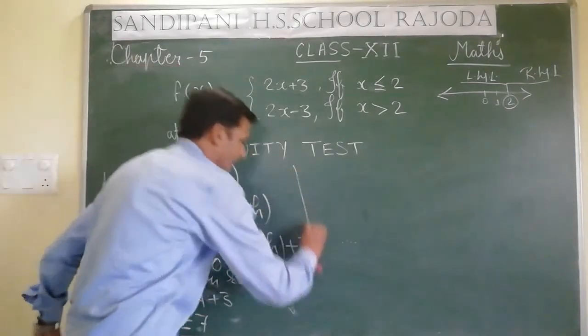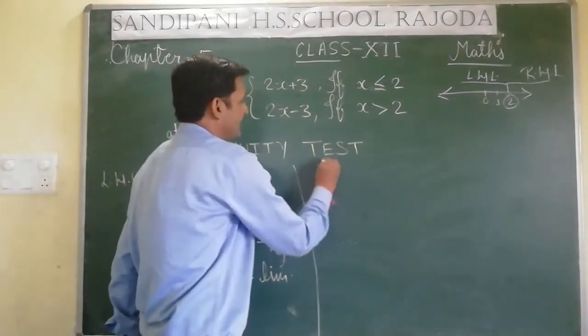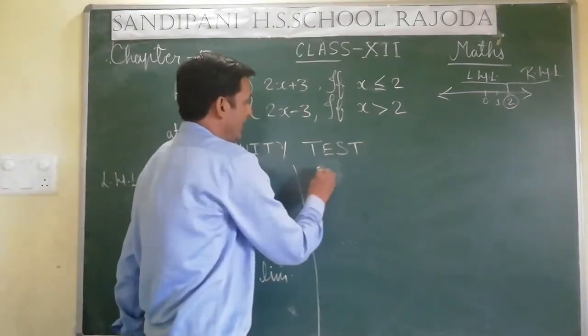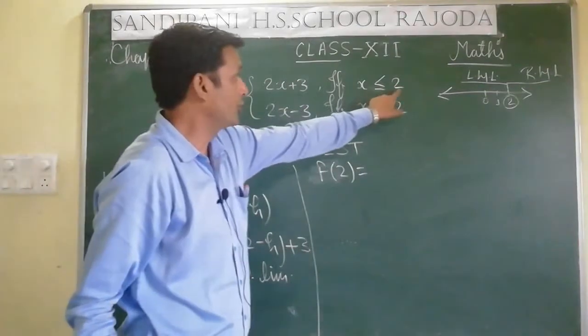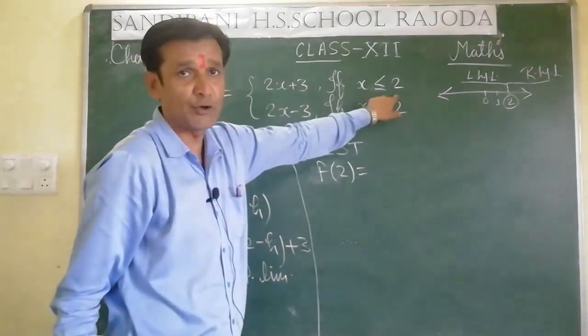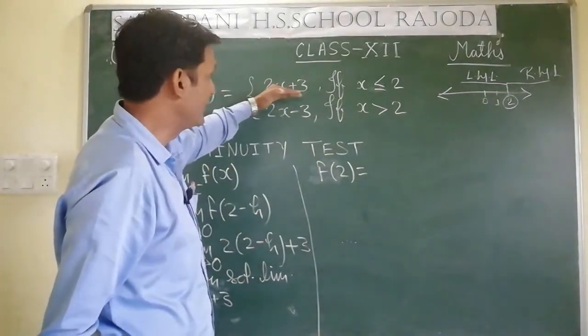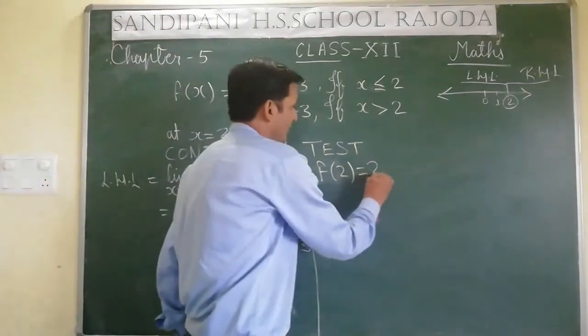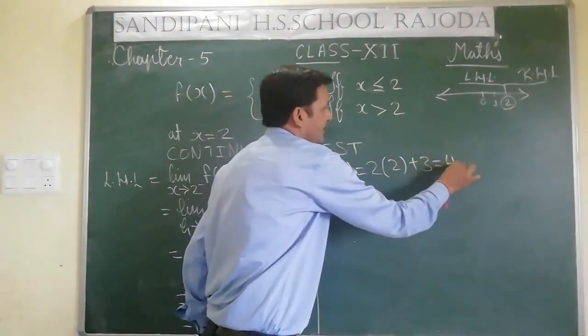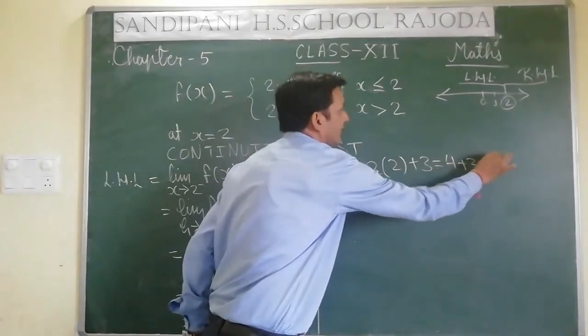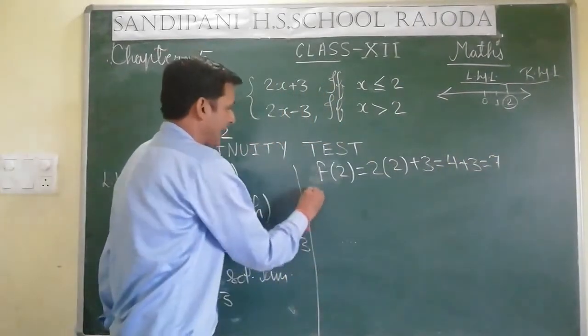Now at x is equal to 2 again, f of 2 we have to write. So for 2 we have to put the value here only in this function. So it will be 2 into 2 plus 3, that is equal to 4 plus 3, that is equal to 7. Now right hand limit.